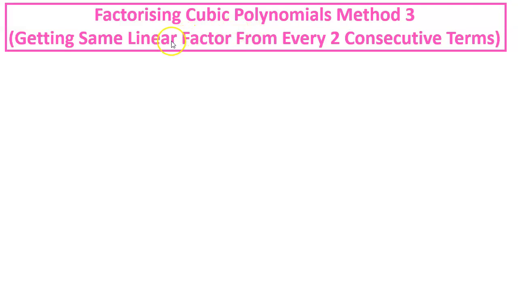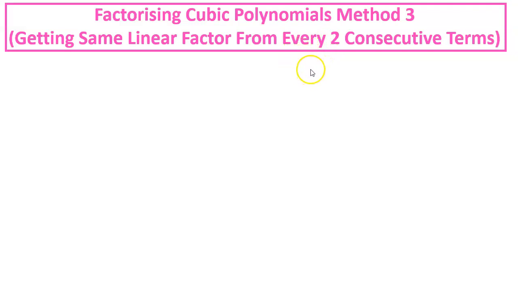First we get the linear factor, and then the quadratic expression. To get the quadratic expression, we apply different techniques. The finding of the linear factor is the same for every method. What differs is how we get the corresponding quadratic part. So without any further delay, let us start with today's session.